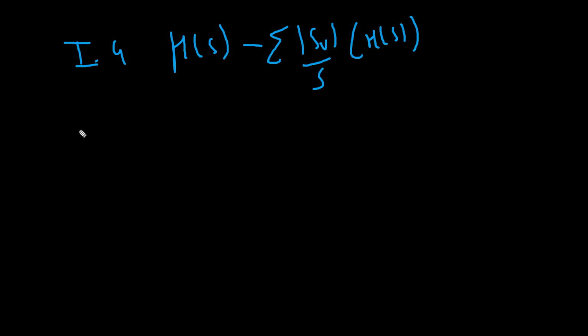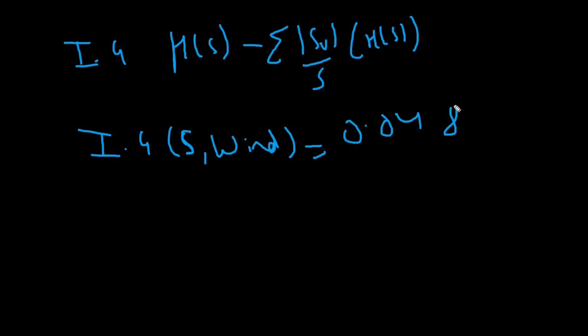If you find the information gain on the S set, with respect to the field, that is going to be 0.048, and you can calculate that to confirm it.